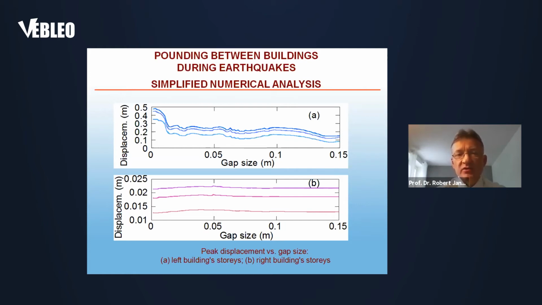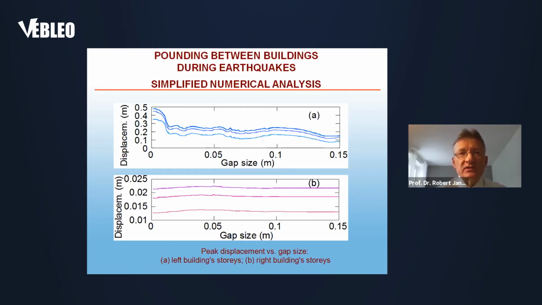And again, a similar conclusion can be drawn, meaning that in the case of the quite flexible and lighter building, major differences in the response can be observed and major changes in the peak displacements may take place. On the other hand, in the case of the right building, so massive and quite stiff, the change in the gap and pounding does not have a major effect.